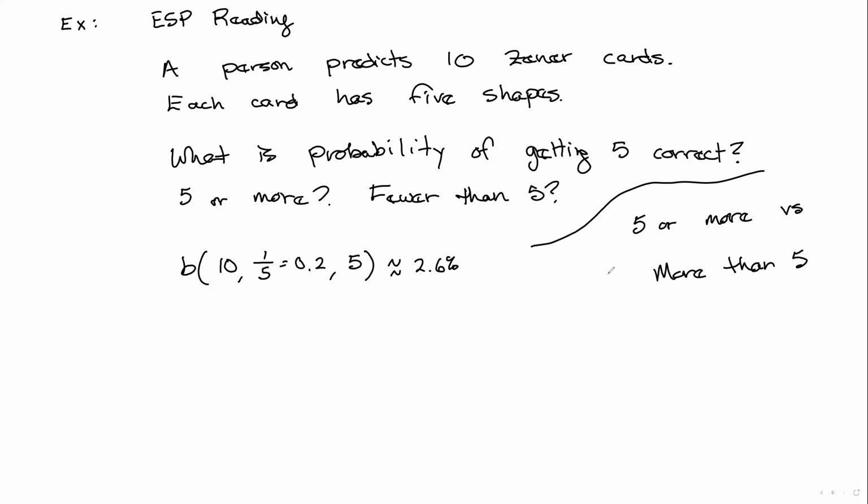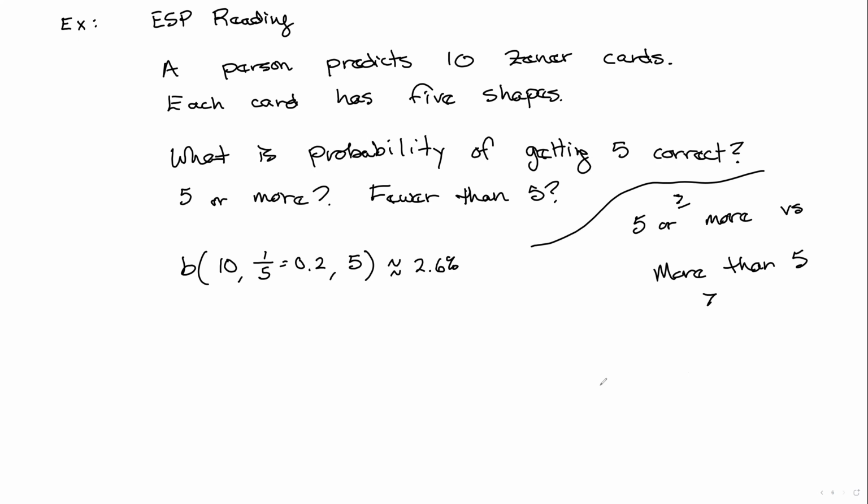So you want to use the equal to as part of it, like greater than or equal to, or less than or equal to, or is the number not included? And if you see something that says, what's the probability for more than 5, that does not include 5. All right, so this one would be greater than or equal to versus this one, which is just greater than. All right, so you do need to be careful of that between those two.